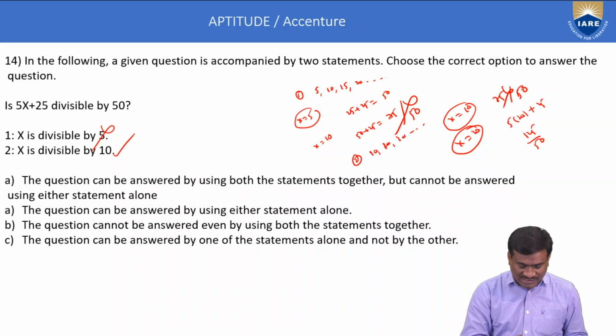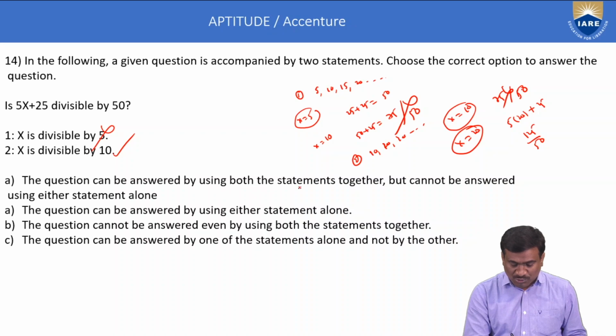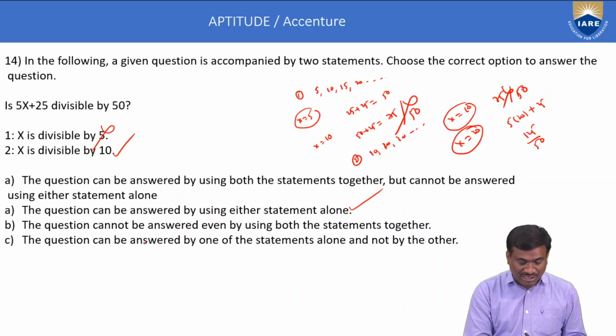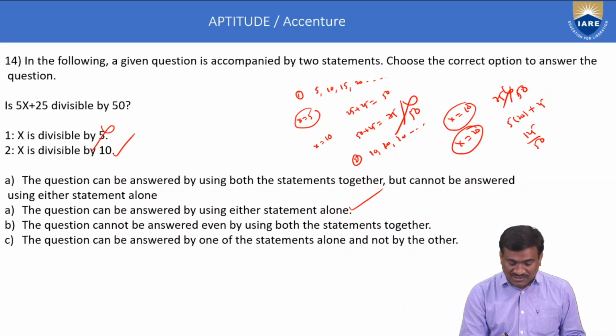Second statement alone is correct means the question can be answered using both statements together but cannot be answered using either statement alone. This is not correct. The question can be answered by using either statement alone. Not correct. The question cannot be answered. Not correct.